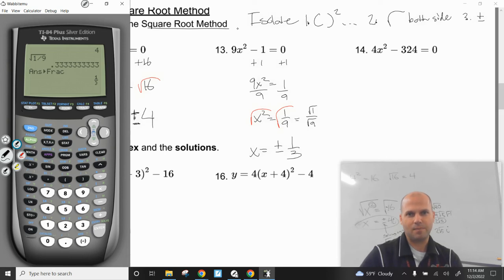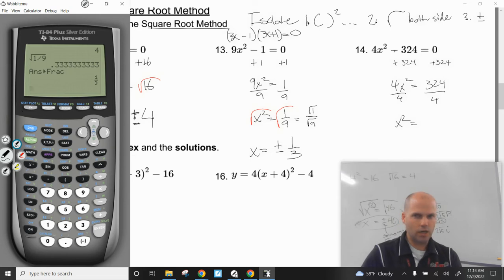This would be the exact same thing as if we factored this difference of squares, 3x minus 1, 3x plus 1. You'd get 1/3 when you set these two equations equal to 0. Okay, it's the same thing here. Like we might have to do a little bit of work to isolate the square, but this is just using algebra. I added 324 to undo the subtraction.